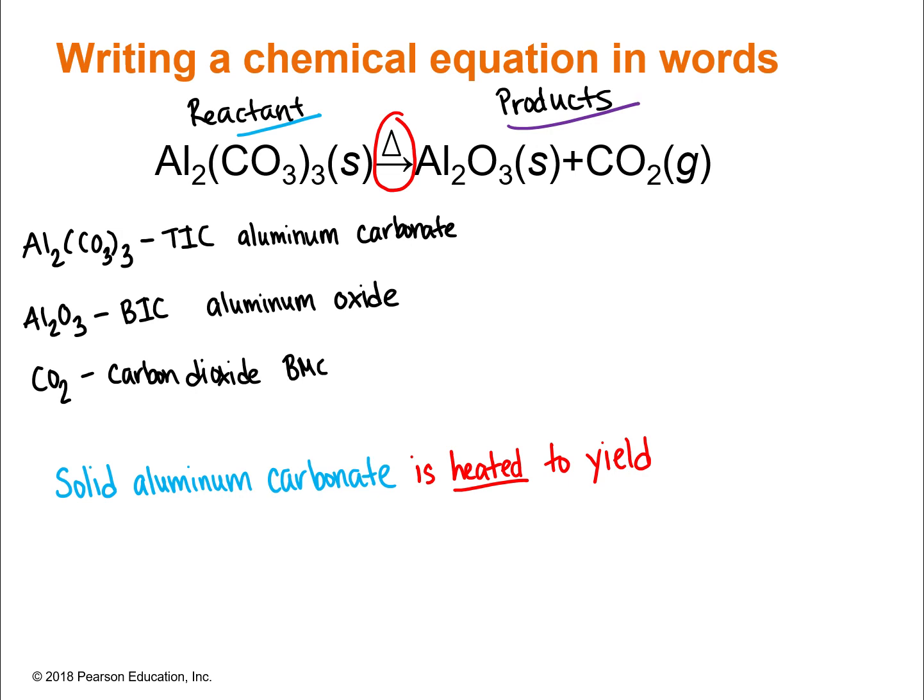So far we have solid aluminum carbonate is heated to yield. Now we talk about our products. We've got solid aluminum oxide.